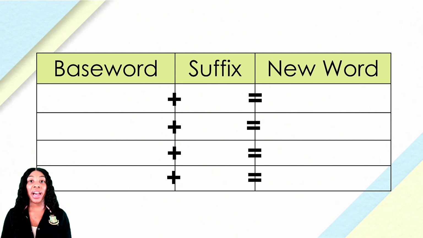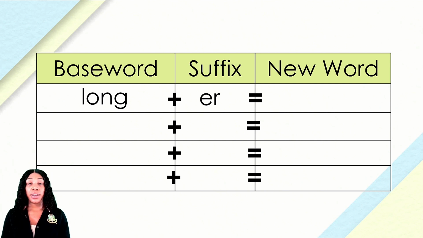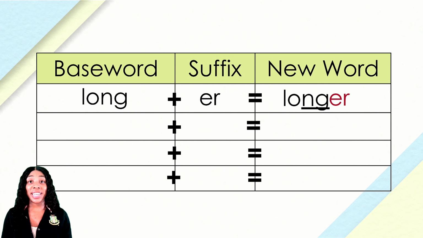Make sure you have your paper and pencil ready. Let's go. Our first base word is long. Our suffix is er. When we put these 2 parts together, what new word do we make? Longer. Notice that adding a suffix did not change the spelling of the base word.